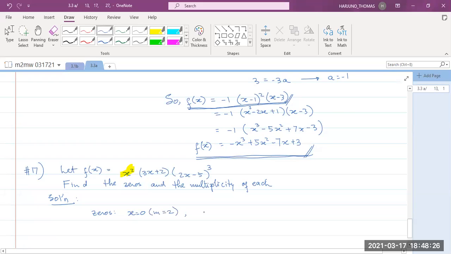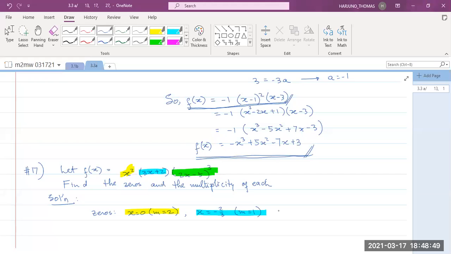And then x equals -2/3 with multiplicity of 1. And x equals 5/2 with multiplicity of 3. That's it. We are done.